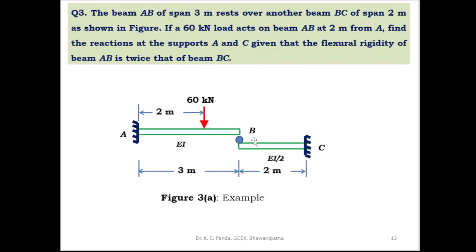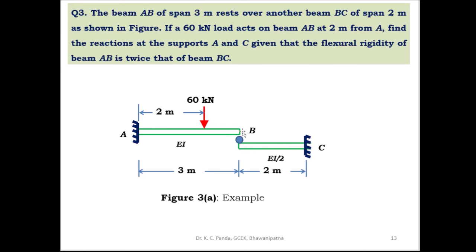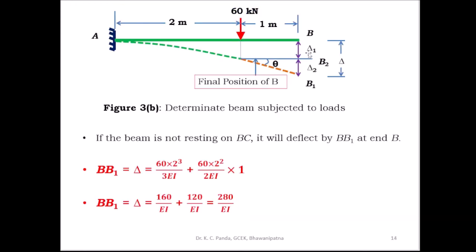Then what is the force which is acting on the beam BC? That brings the beam down by delta 1, B to B2. So the downward force at B on the beam BC brings the beam to this position, B to B2, that is the deflection delta 1.